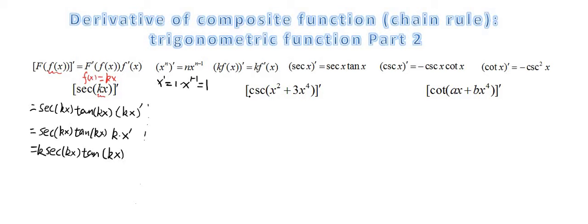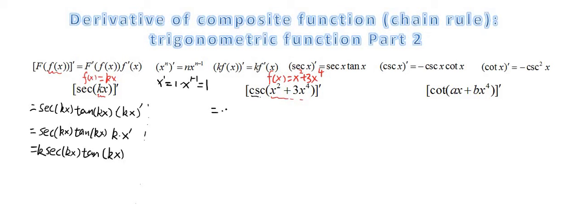Okay, now let's take a look at the second example. For the second example, what is capital F? Capital F is cosecant. And what is little f(x)? Little f(x) equals x squared plus 3 times x to the power 4. Now we can follow the formula. The derivative of capital F, corresponding to the derivative of cosecant, we follow this formula: negative cosecant times cotangent.